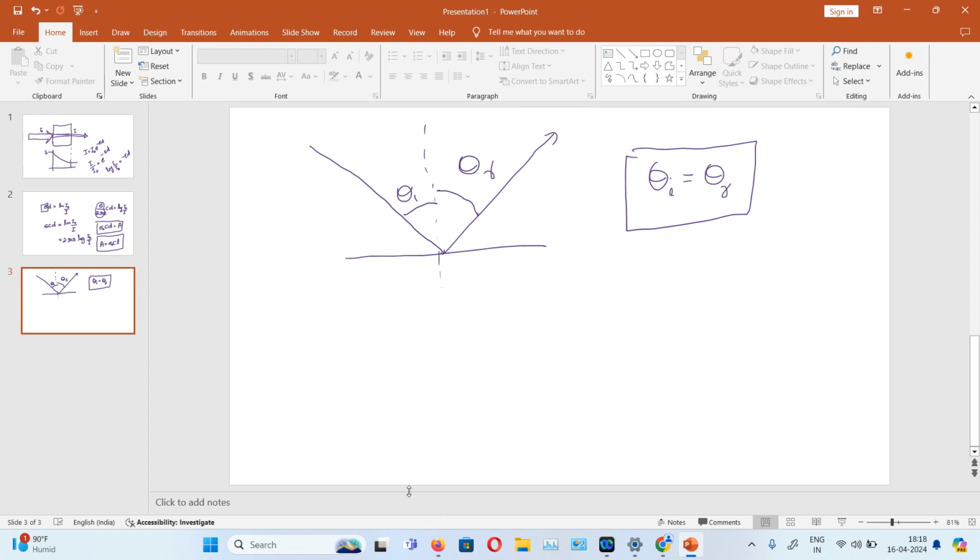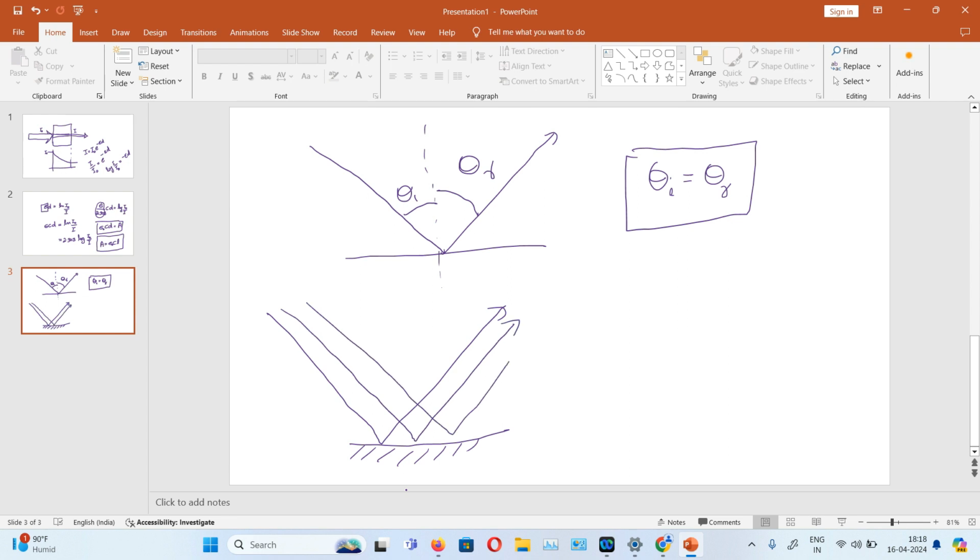That kind of reflection, happening on a smooth surface where all light is reflected in a proper manner, is called specular reflection. An example is the reflection on the face of a mirror.